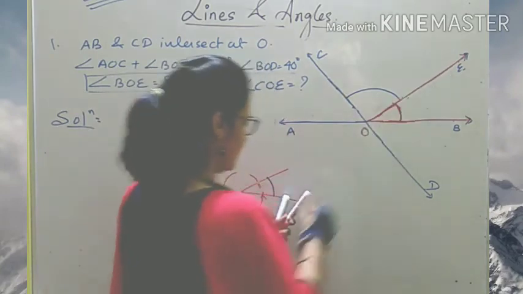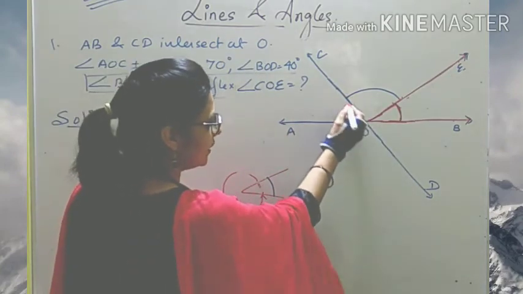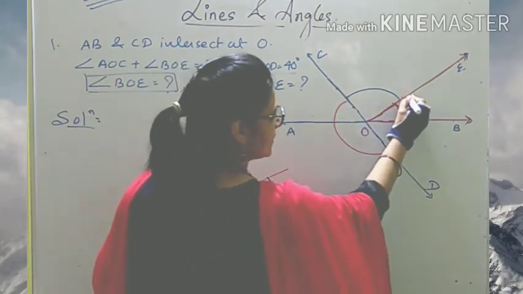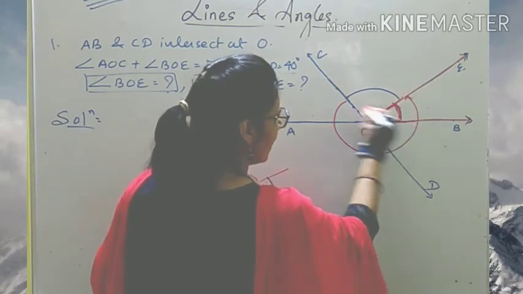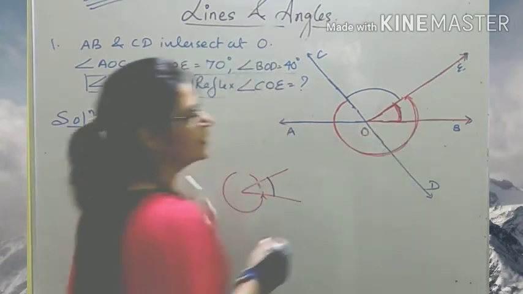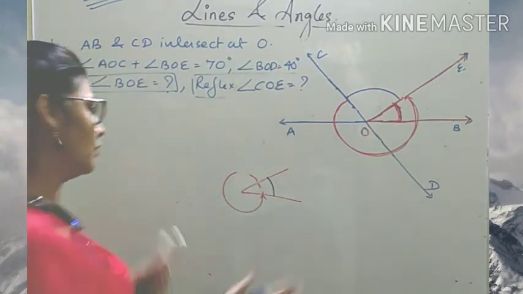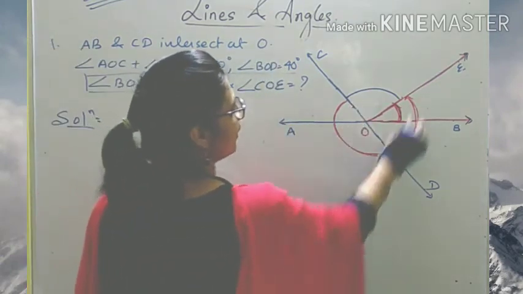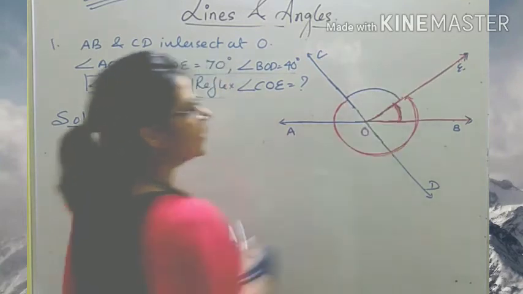Reflex angle COE. So what will be the reflex angle COE? It will be this angle. So with the red mark, the angles which are there, these angles we have to find out.